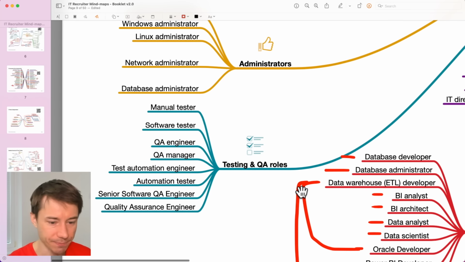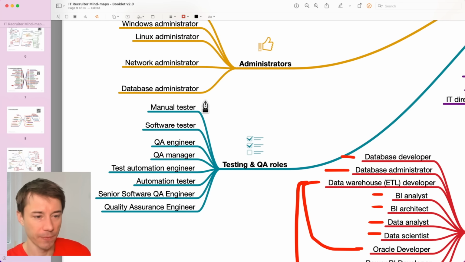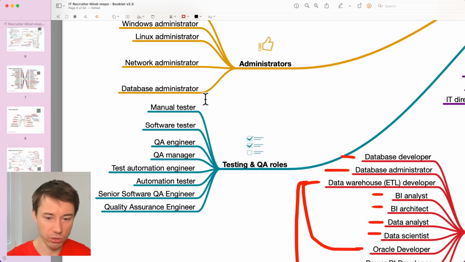Testing and QA. There are lots of testers out there still, even though there has been this shift from manual to automated testing, a shift from just clicking or tapping here and there, filling in data manually, to test automation.